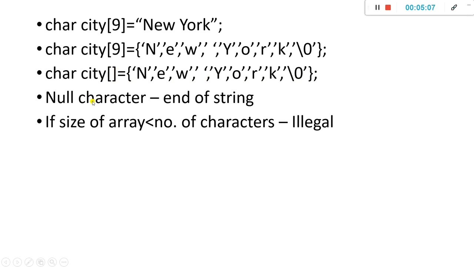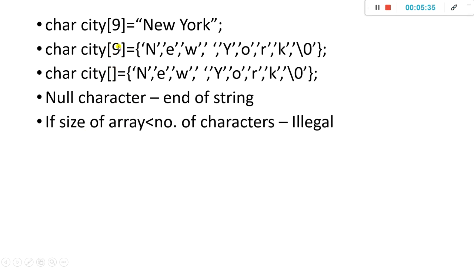So why do we have a null character? As we have seen here, in this particular array, you can store 9 or 10 or 15 or 20 characters. Then how will we know where is the end of the string? So this end of the string is always represented by the null character. For example, if the size is given as 15 here in this case, you can take this case.